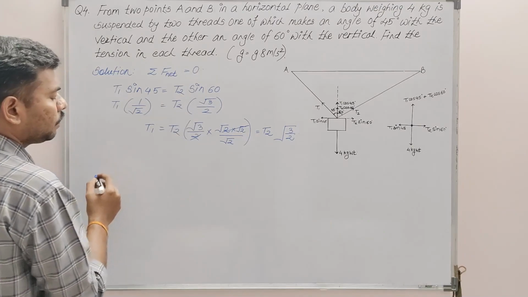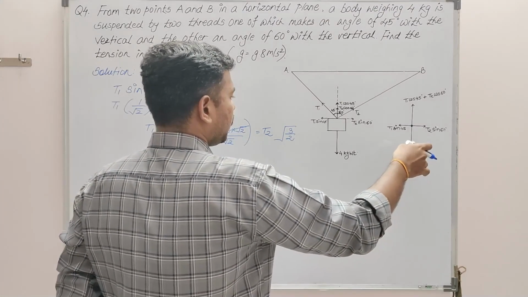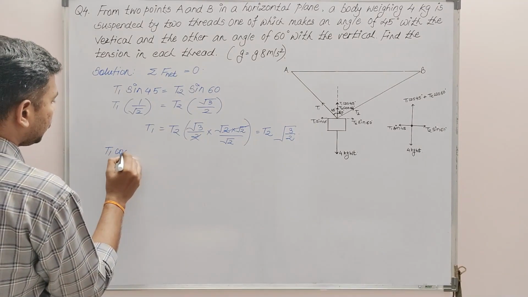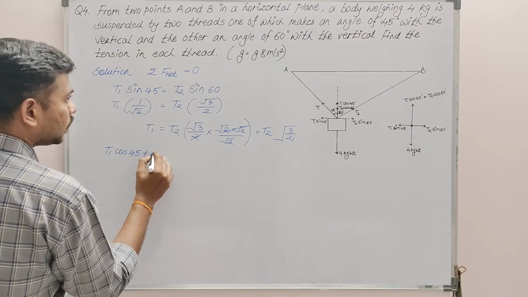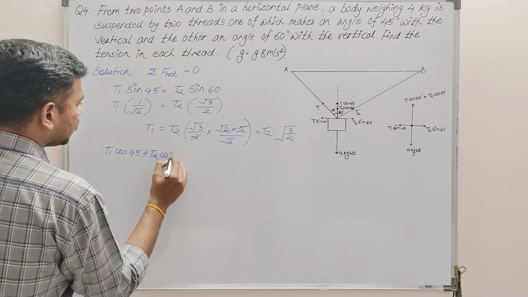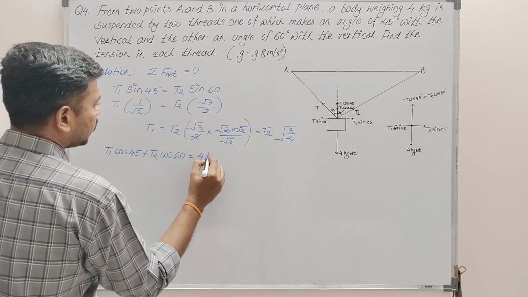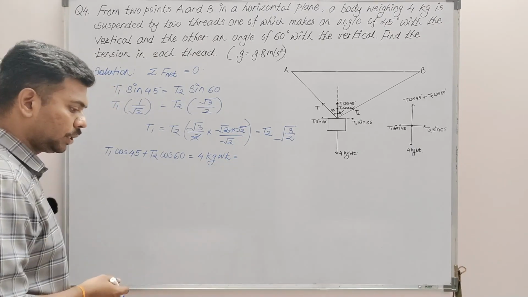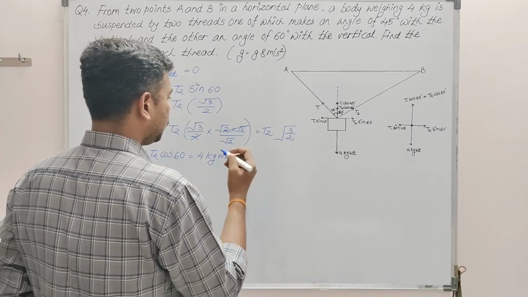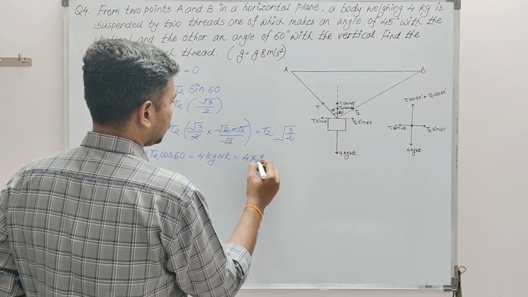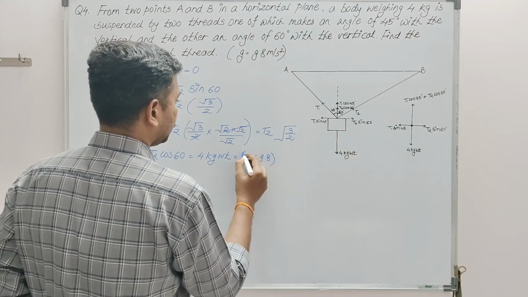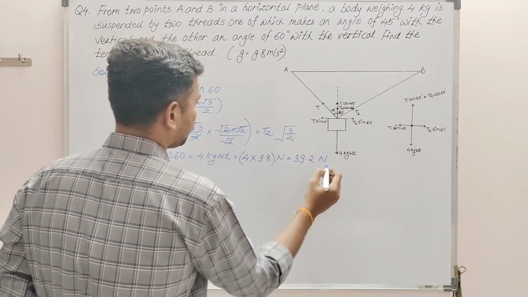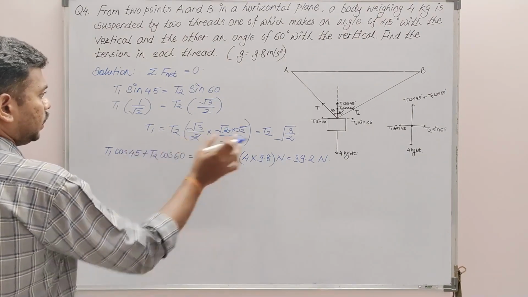Now the second equation we can write by using the pair of vertical forces, that is T1 cos 45 plus T2 cos 60 is equal to 4 kg Wt. We can change this kg Wt into Newton by multiplying 4 with 9.8 meter per second squared, which is equal to 39.2 Newton. Now we have T1 in terms of T2.